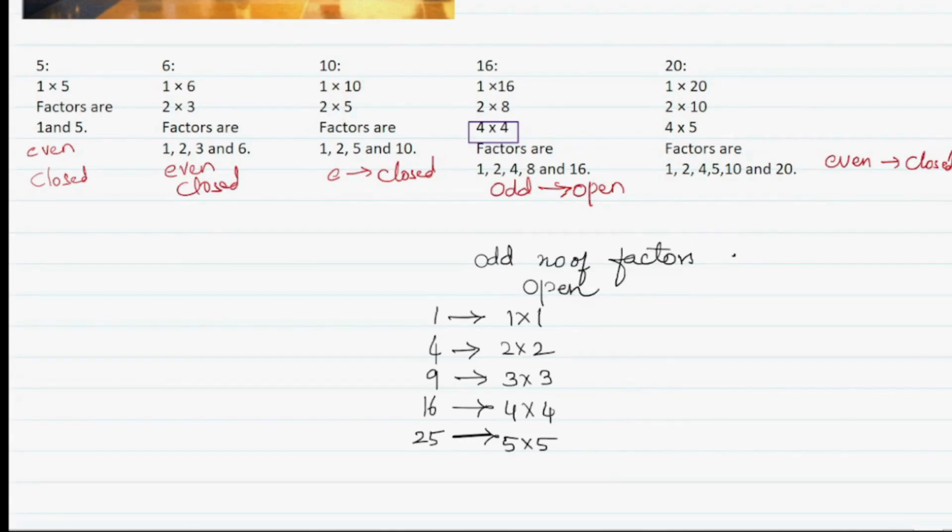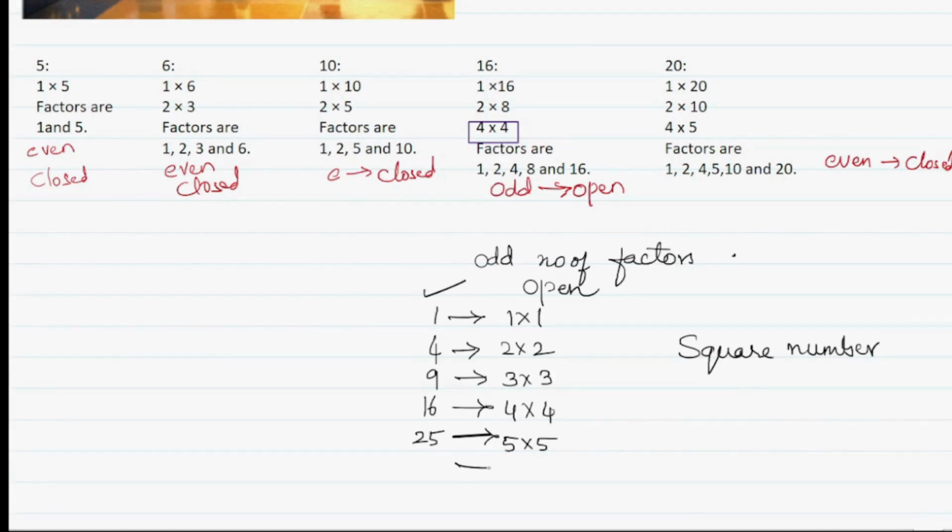So which are open? The numbers 1, 4, 9, 16, 25 like this until 100 are open. Means here the smart boy Anwesh understood that these are nothing but square numbers. Square numbers means the number is multiplied by itself, the product will become a square number.